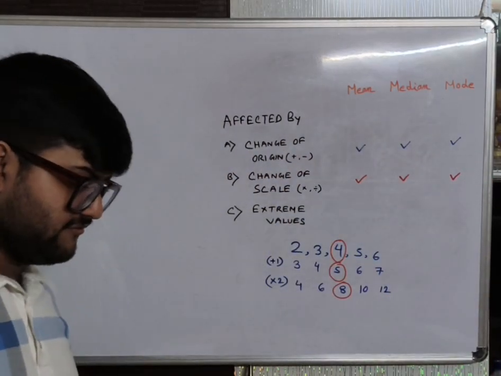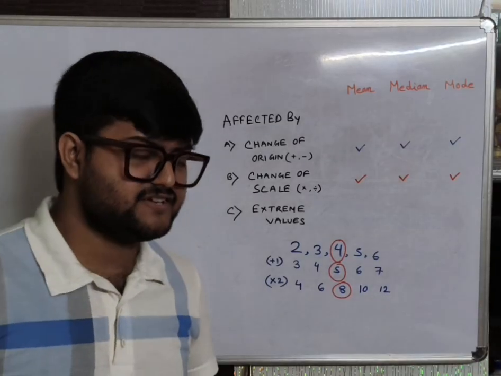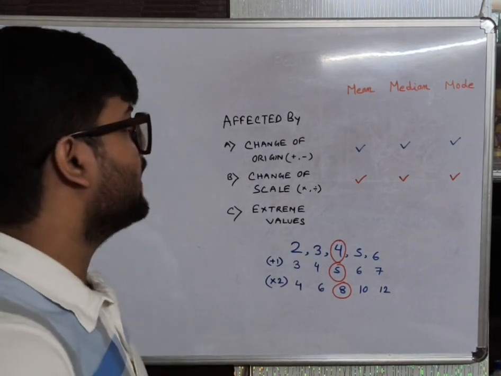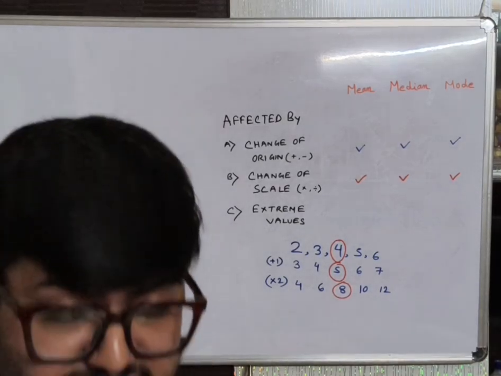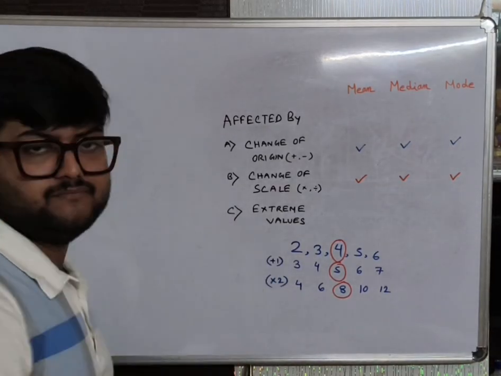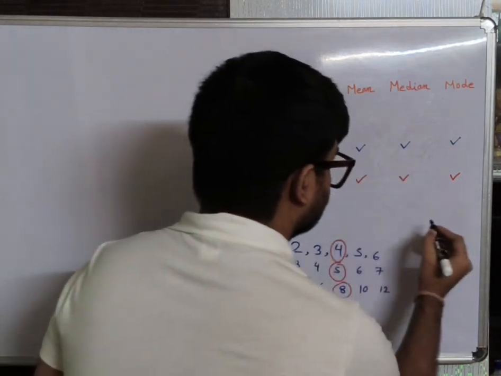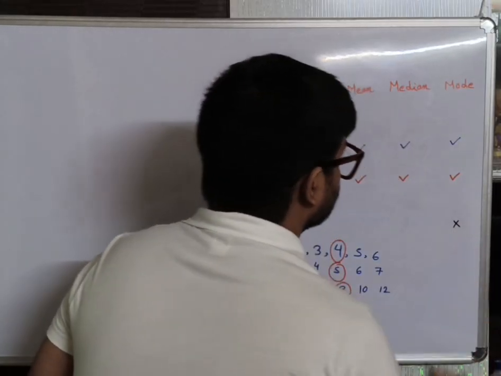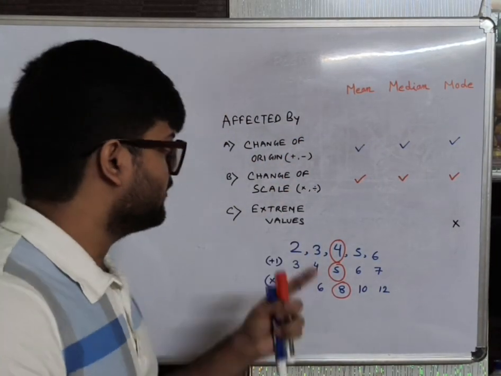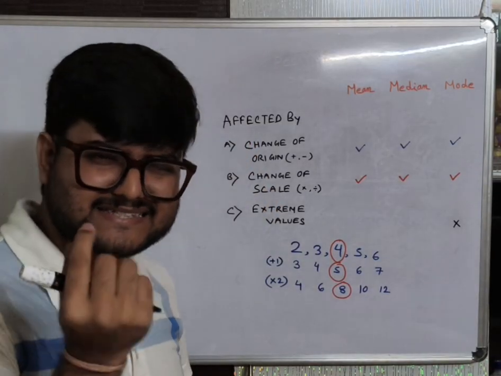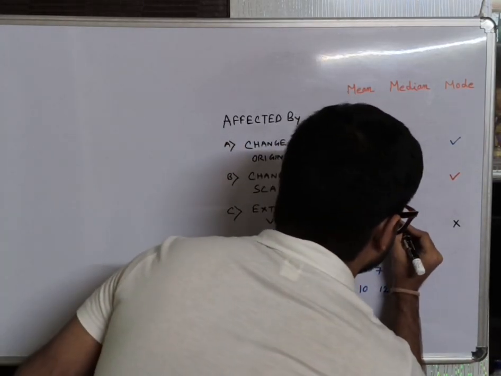Now you see the extreme values. The extreme values are not important in the case of mode. It does not get affected by the extreme values. So here it will be a straight no. The median is slightly affected by the extreme values.